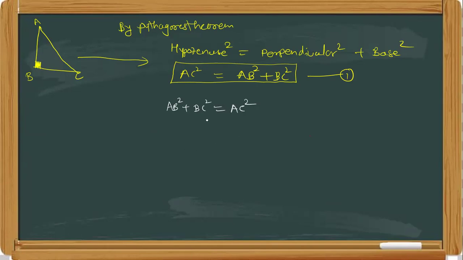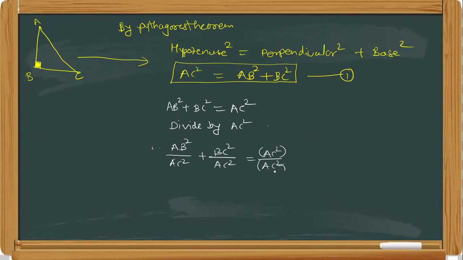Now I am dividing both sides of this equation by AC square. Then I will get AB square upon AC square plus BC square upon AC square is equal to AC square upon AC square.